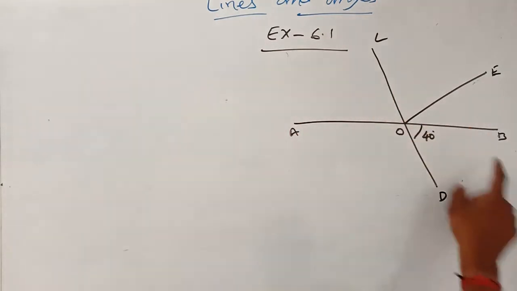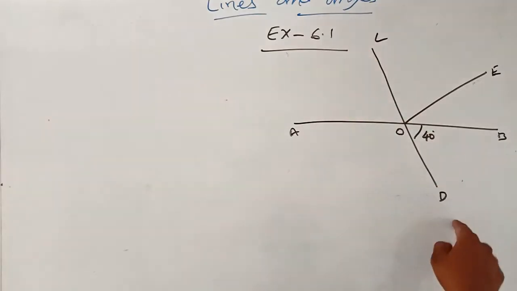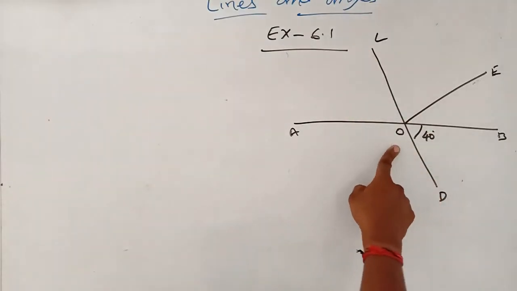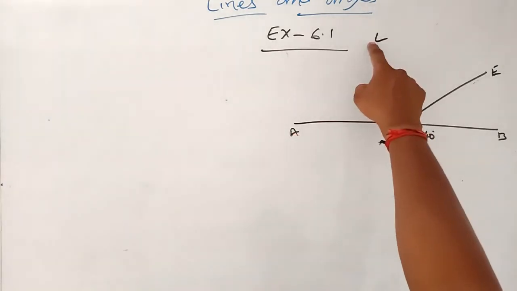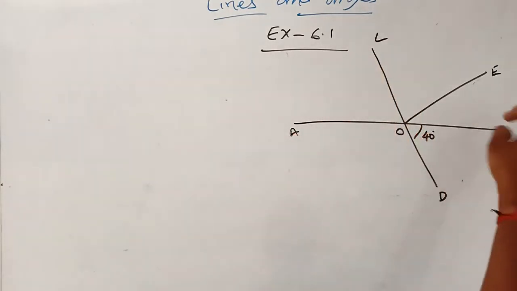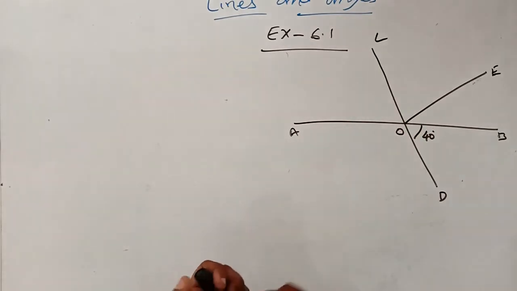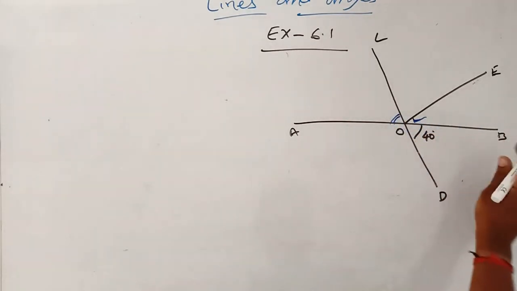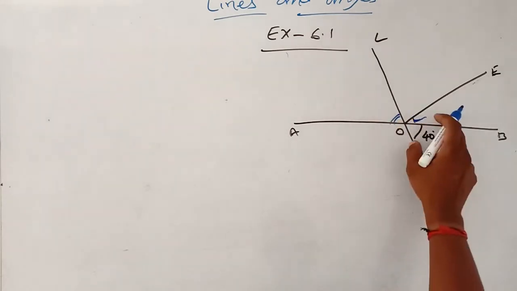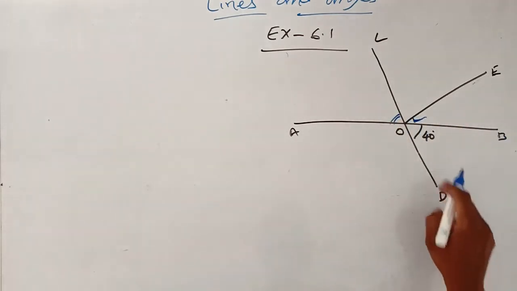Here AB and CD are intersecting at O, and the next given is angle AOC plus angle BOE is equal to 70 degrees and angle BOD is 40 degrees.